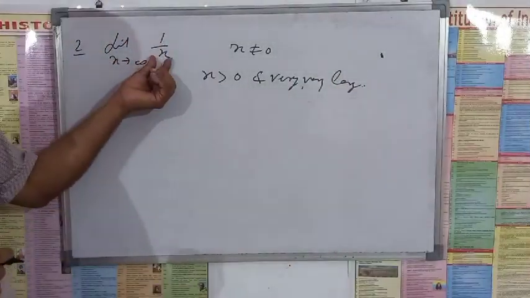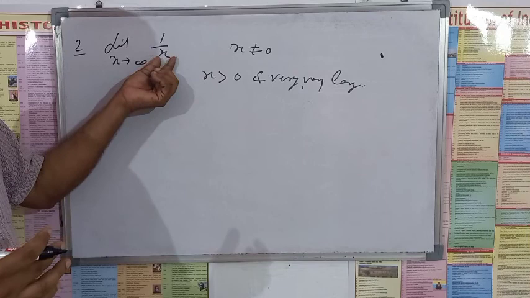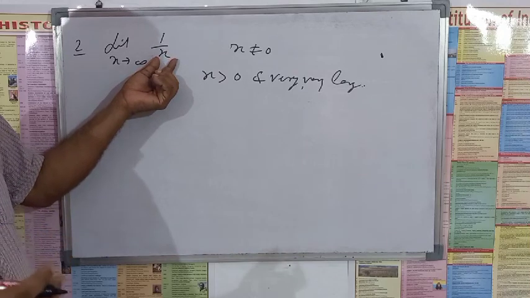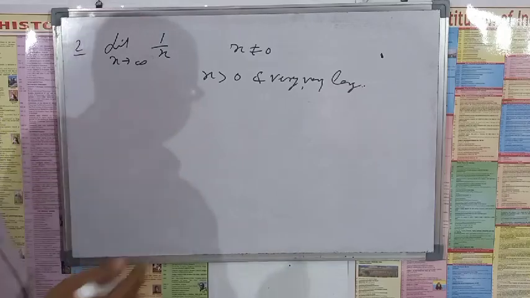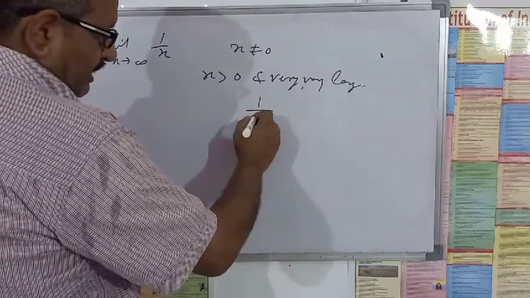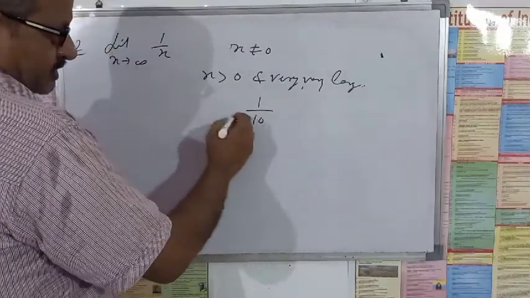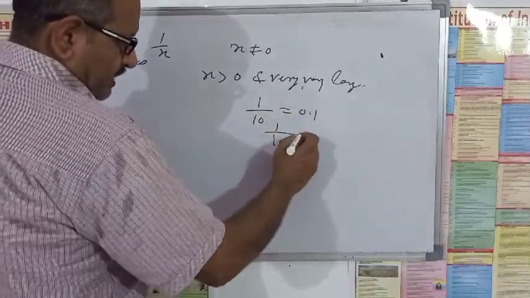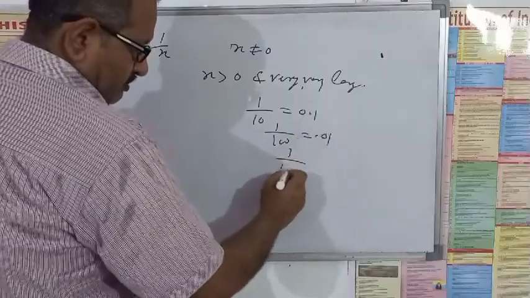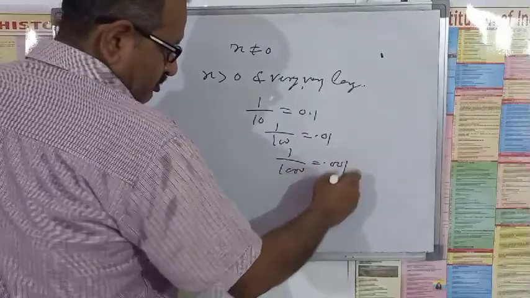If the denominator becomes larger and larger, then what will 1 by x be? It will become smaller and smaller. You can check it. Suppose x is 10, 1 by x will be 0.1. For 100, it will be 0.01. For 1000, 0.001, like this.